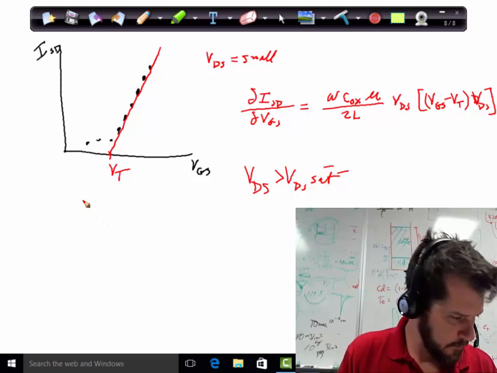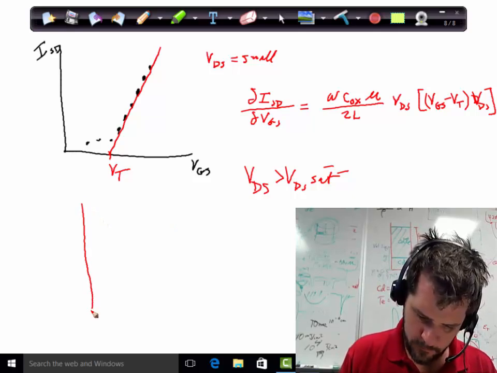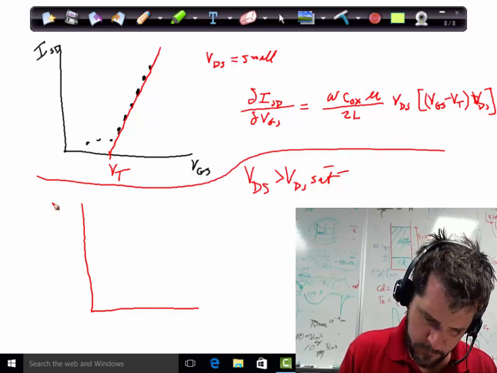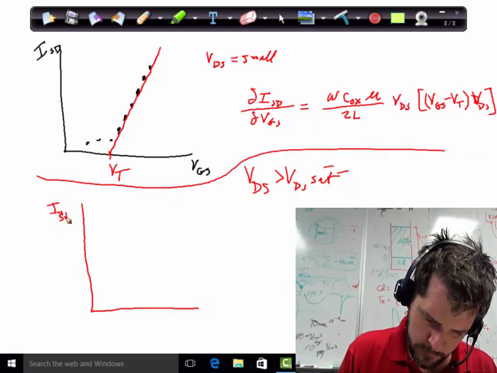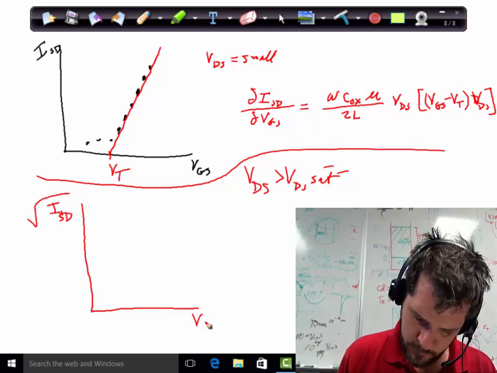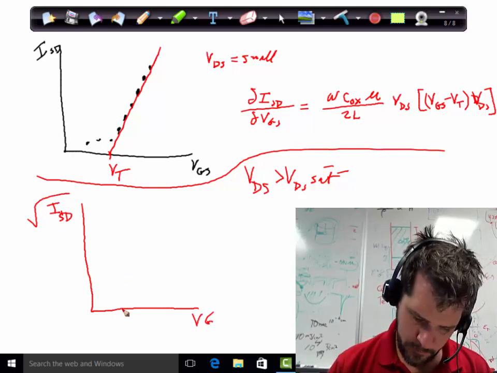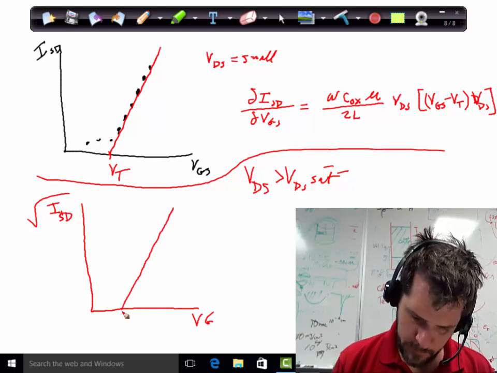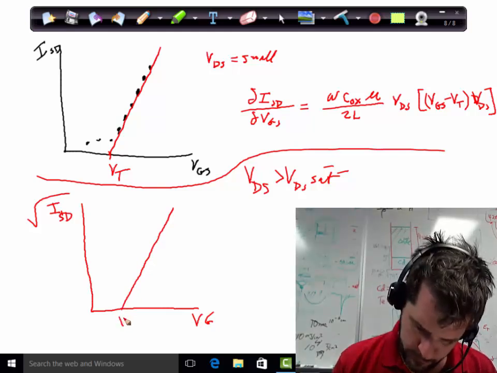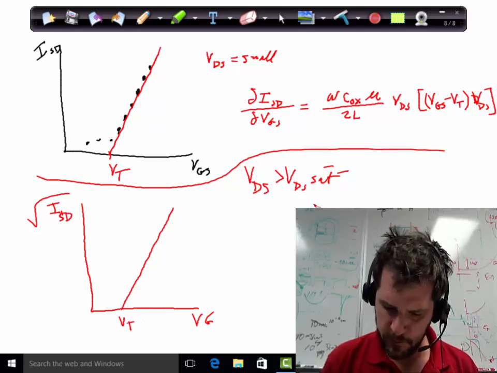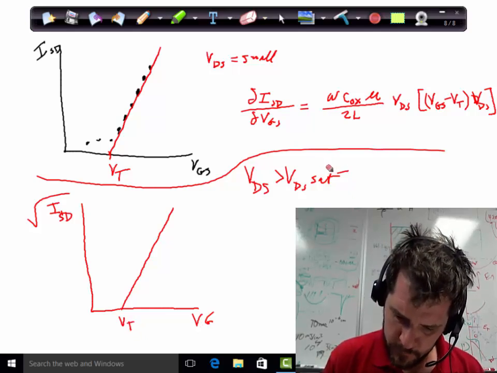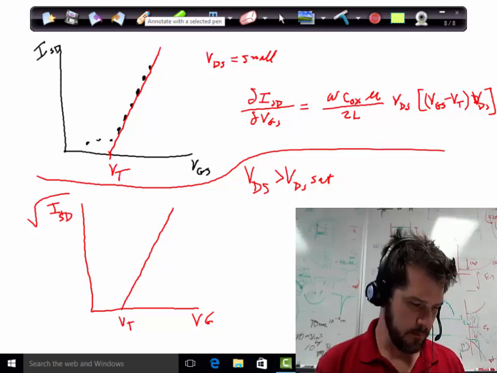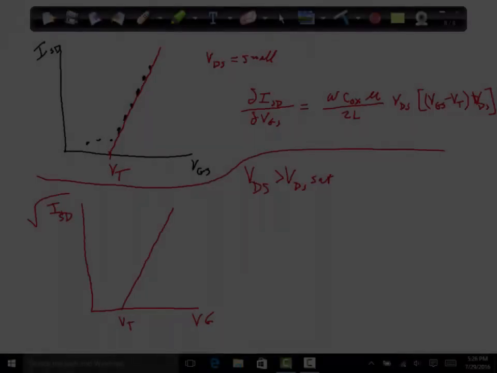And when you do that versus the gate source, so let me draw a dividing line here. ISD square rooted versus V gate. So now you can also find a linear behavior between these, and again that will extrapolate down to V threshold. So in the two different regimes, below saturation and above saturation, you can make two different plots to find the threshold.